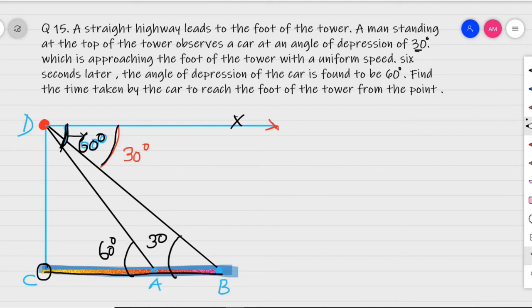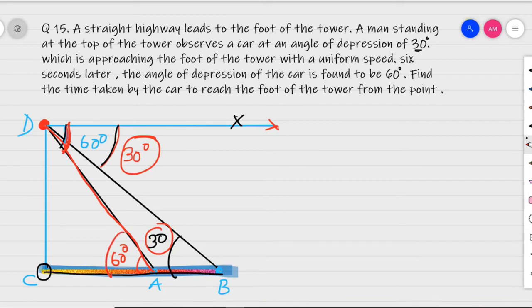Now children, let us move and see. This one is 60 degrees, so I am putting 60 degrees here also. This one is 30 degrees and this one is also 30 degrees. This complete angle is 60 degrees, and this line is joining these two angles, so this is also 60 degrees.